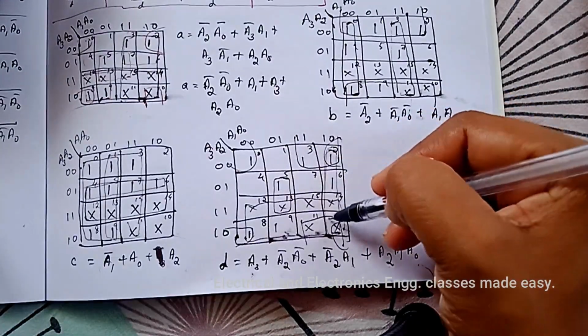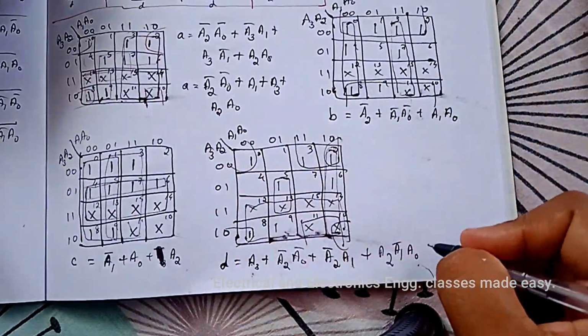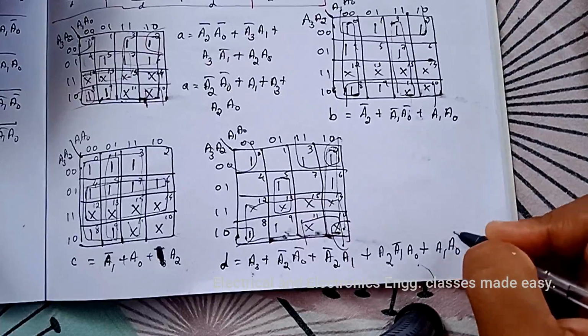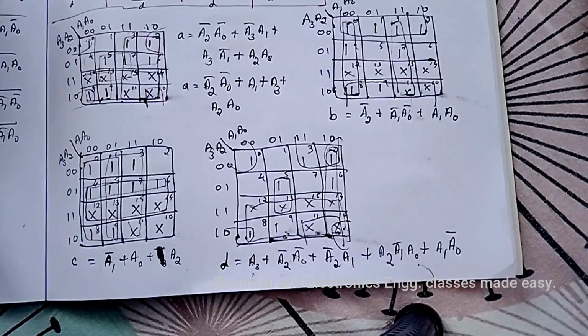Also these 4 squares we can combine and that is equal to A1 A0 bar.